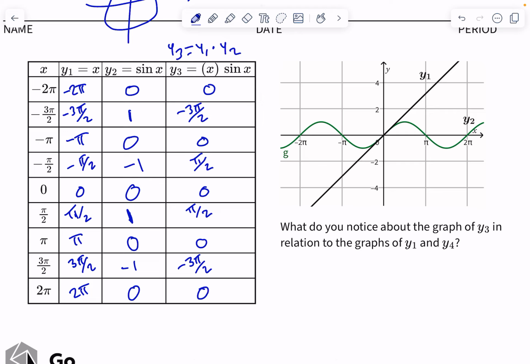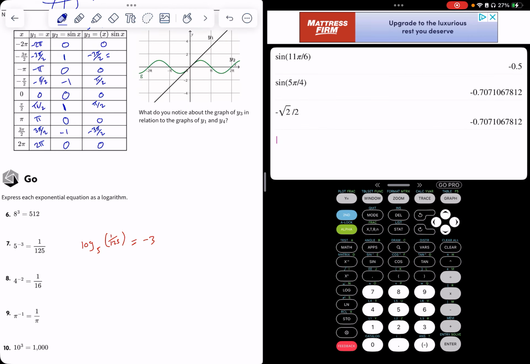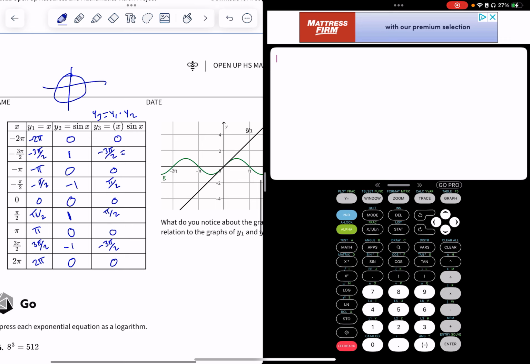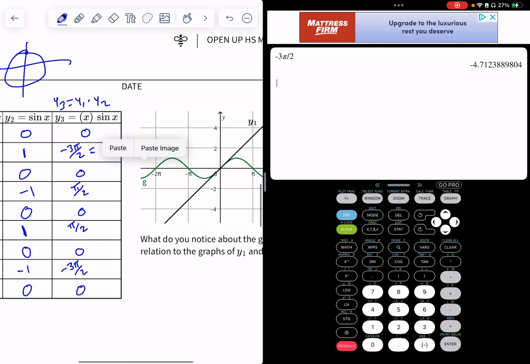But to do that, we need to figure out our decimal approximations for these. So let's quickly go to our calculator. Right here we have a negative 3 pi over 2. That is negative 4.71.